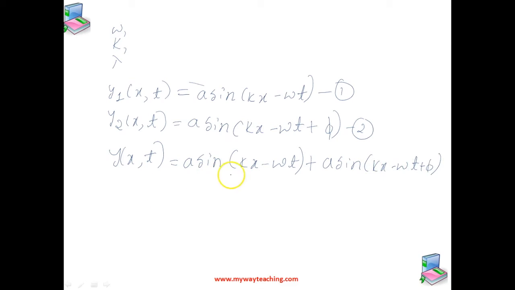If you take a common, we get sin A plus sin B, which is equal to 2 sin((A + B)/2) into cos((A - B)/2), isn't it?